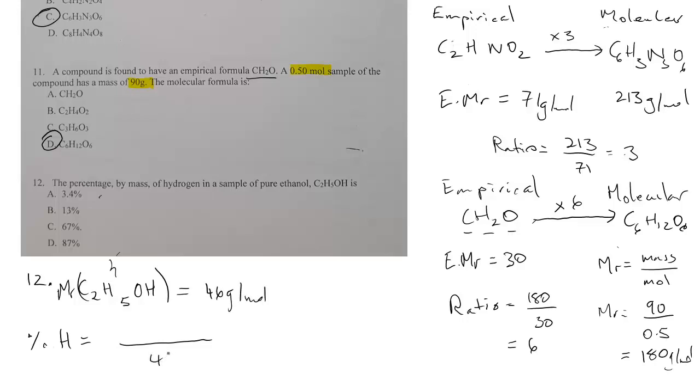So 46 goes down there at the bottom, the total. And then you also need to figure out how many hydrogens are in this compound. You can see that there are 6 hydrogens, and it's 6 times the molar mass of hydrogen, which is 1. So that's why I said 6.